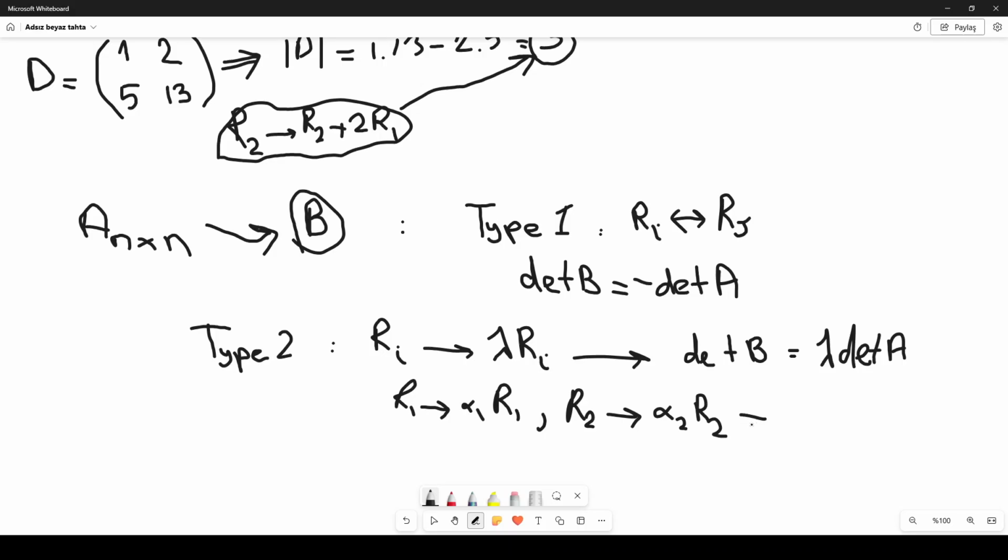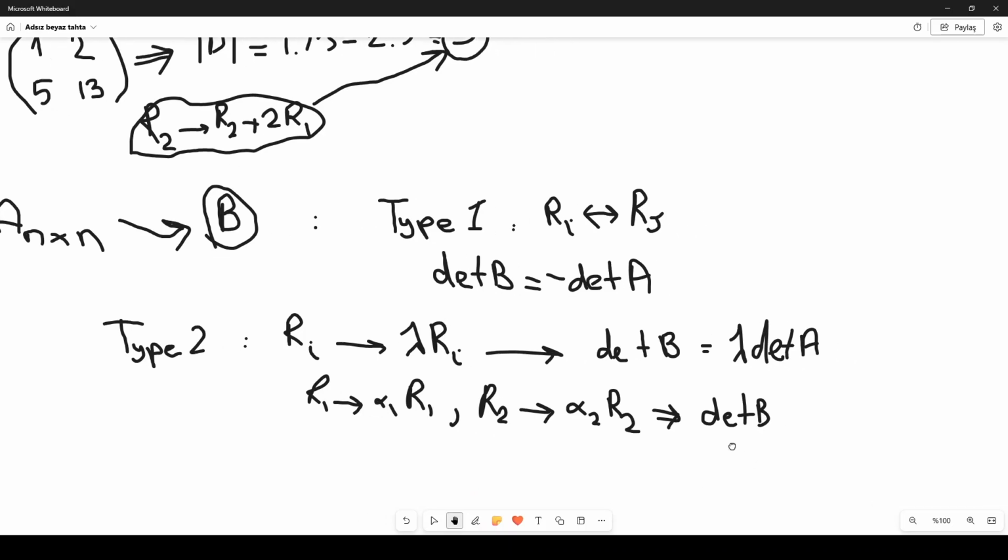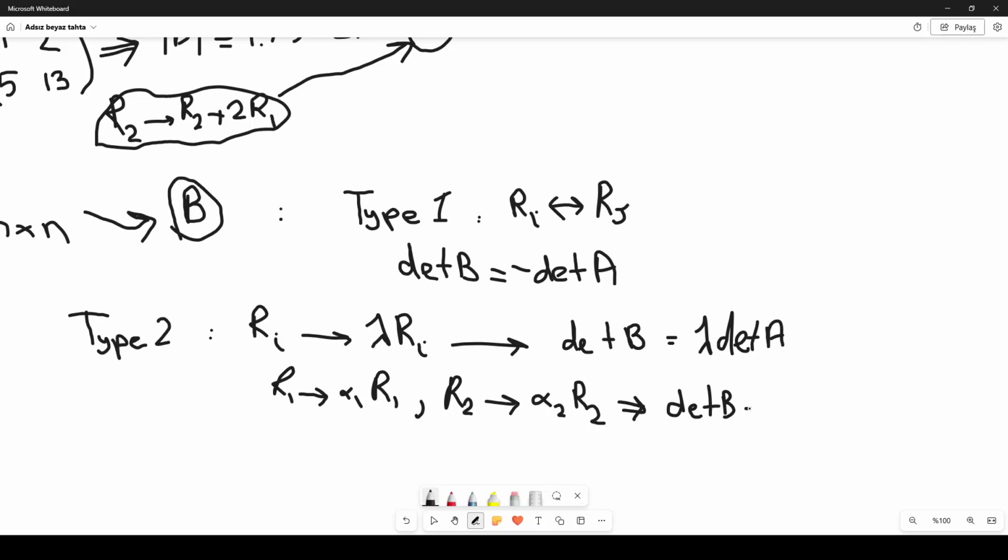In this case, the determinant of B is equal to alpha 1 times alpha 2 times the determinant of A.